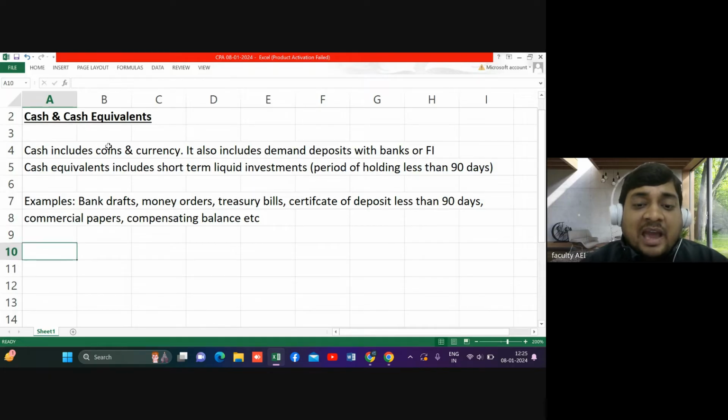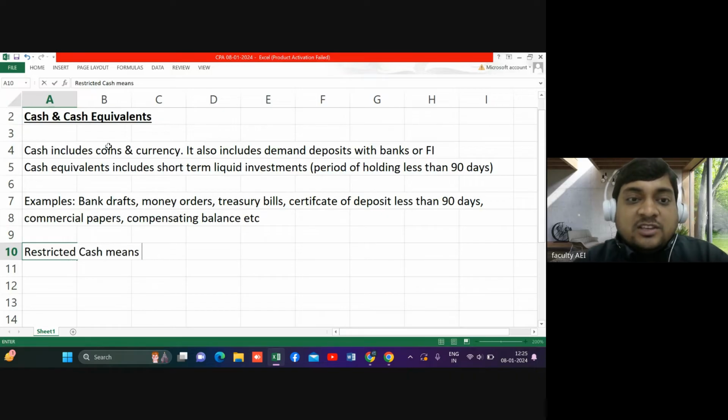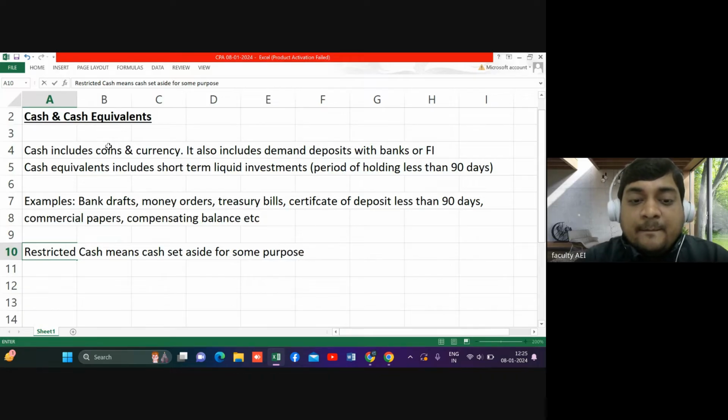Now, some cash may be unrestricted, some cash may be restricted cash, right? Now, what is this restricted cash? Restricted cash means cash set aside for some purpose.